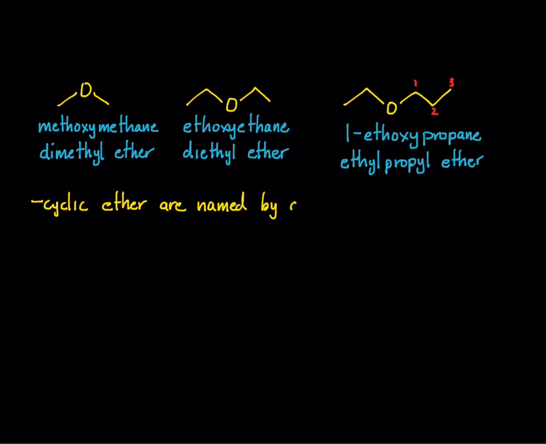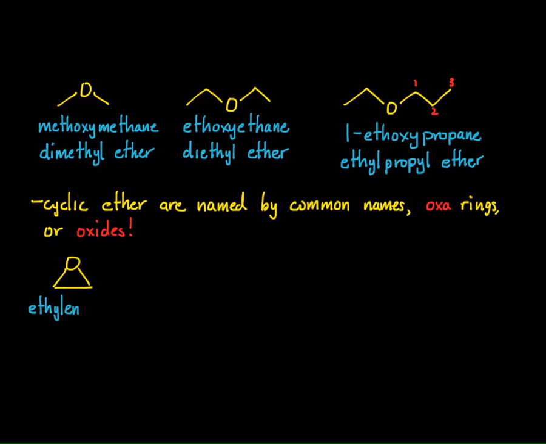In terms of cyclic ethers, they're named several ways. They have common names. They can be named as oxa rings, just like cyclic amines can be named as aza rings, or they can be named as oxides. So here is the simplest cyclic ether. Its common name is ethylene oxide.